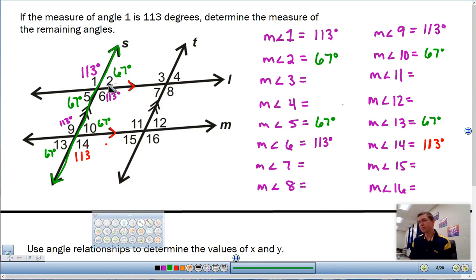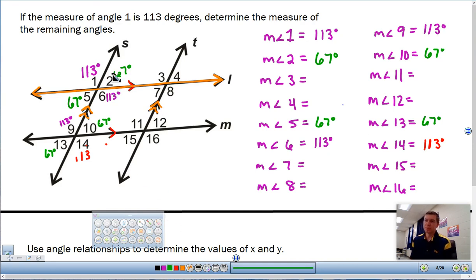Let's try to transfer it over to the other groups here. And in order to do that, we're going to look at different transversals. Let's look at transversal L and the fact that S and T are parallel.